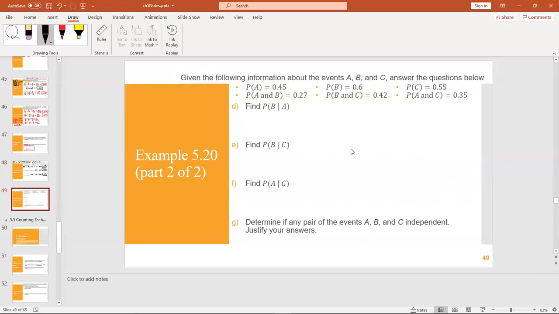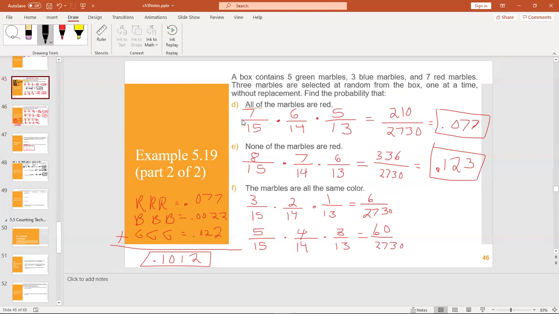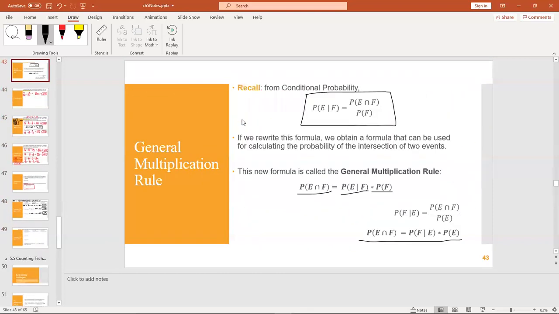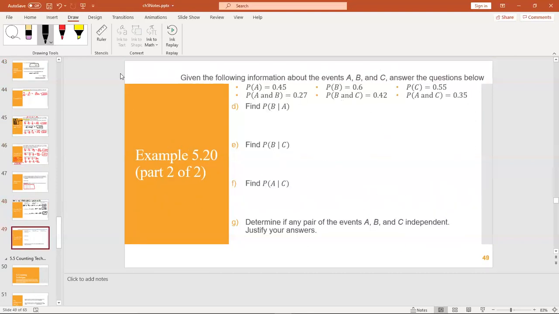So now we are going to be checking for independence. The probability of B given A. So if we look back earlier here, probability of E and F is E given F times probability of F. That's the formula that we need.